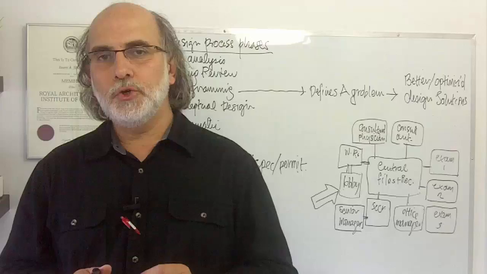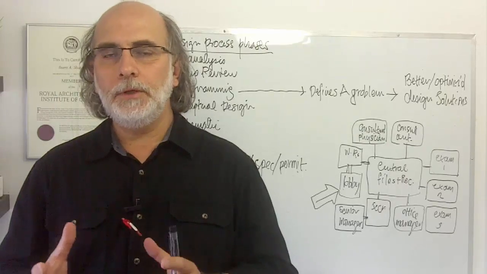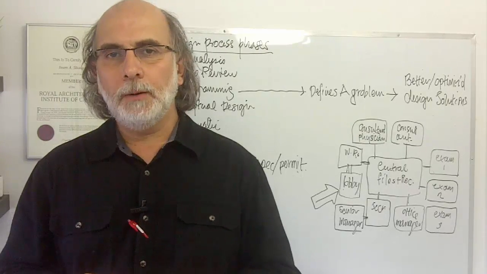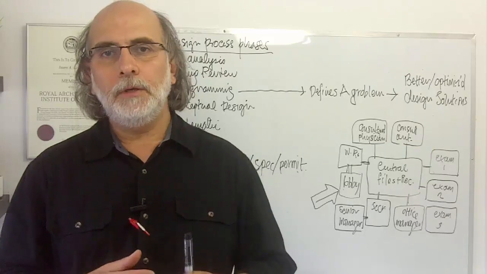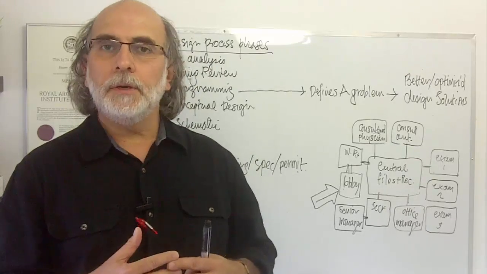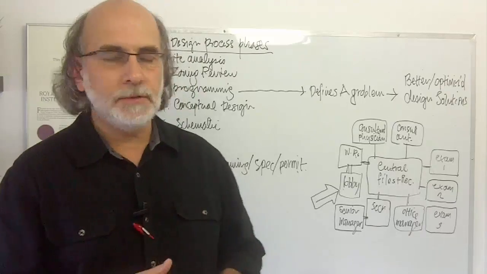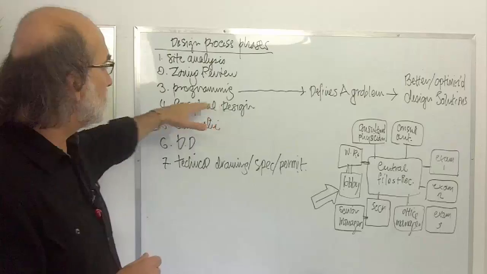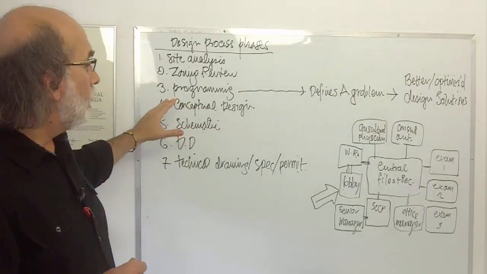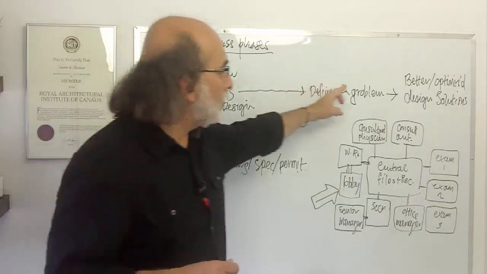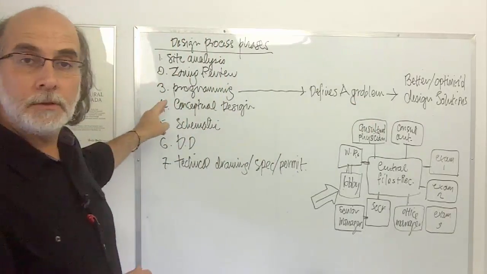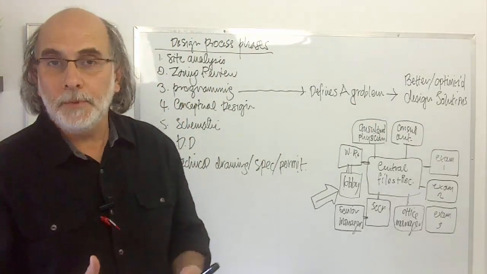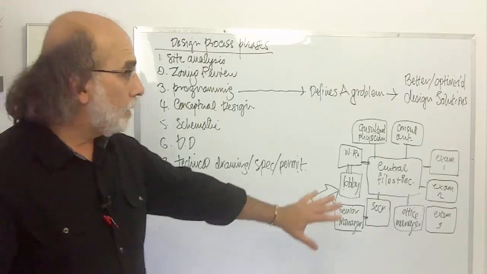I would like to show a sample of how the functional program could be useful as a first step to the schematic design, or as a first step to what we call at ISD Architects the conceptual design. This is how we come from the programming into the conceptual design, and not jump into the conceptual design without a solid base.